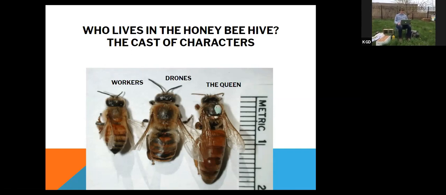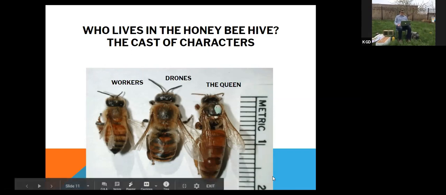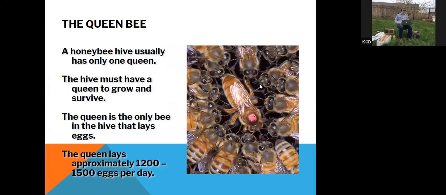Those are the males. And the queen on the right. Queens have a long abdomen.